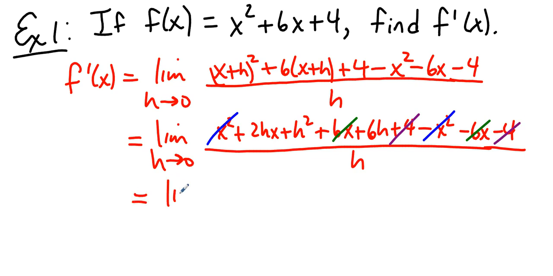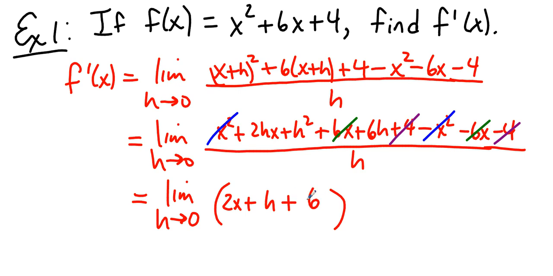What's curious is that what's left, each term has a factor of h, and so by simplifying, we just remove the factors of h and divide. Then as h approaches 0, this is unaffected. This doesn't care what happens as h goes to 0. This does. As h goes to 0, h goes to 0. And then as h goes to 0, 6 is still 6.